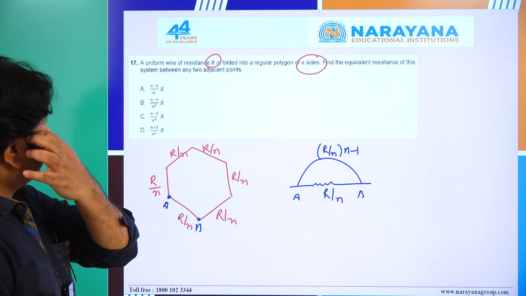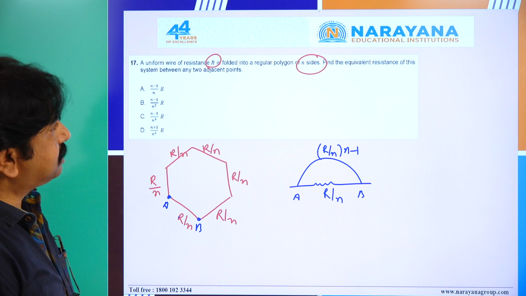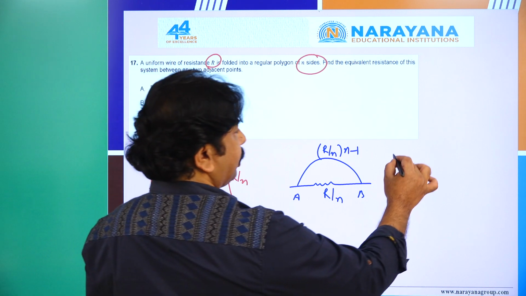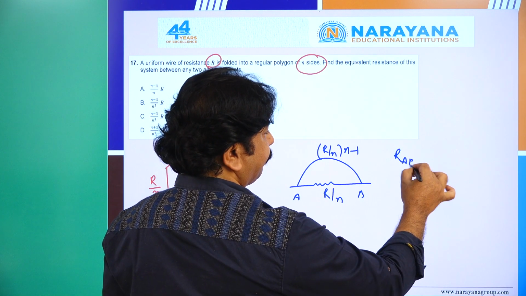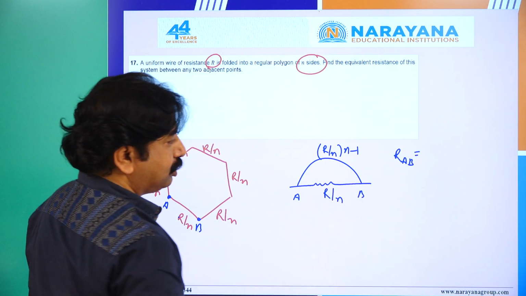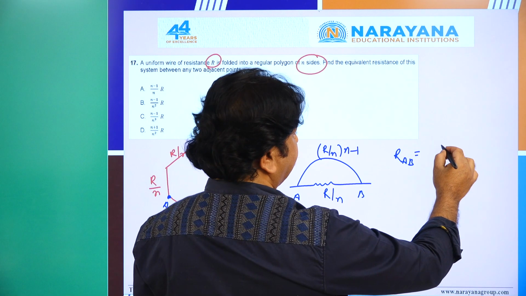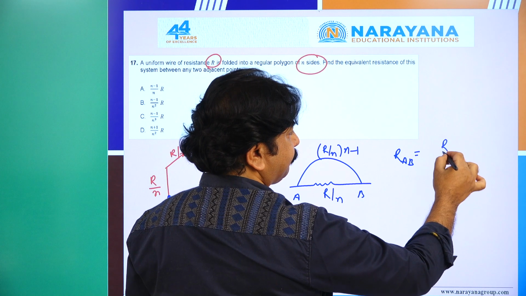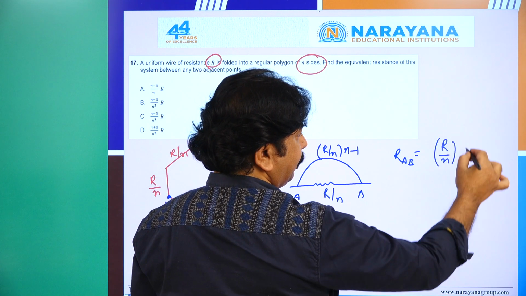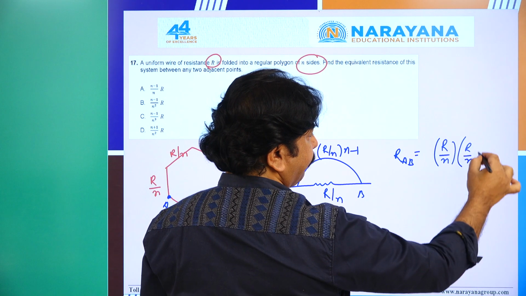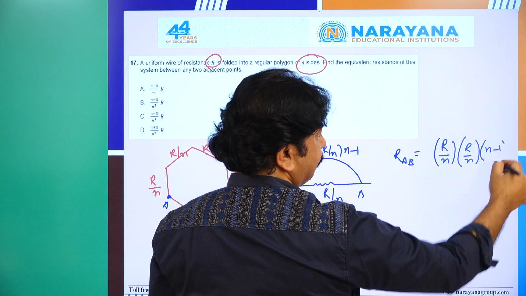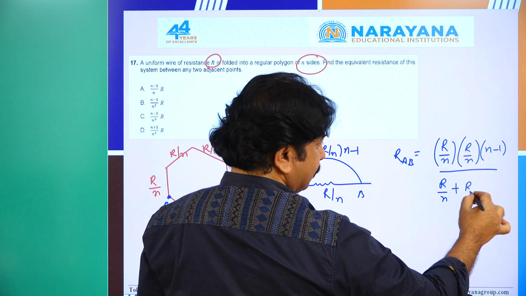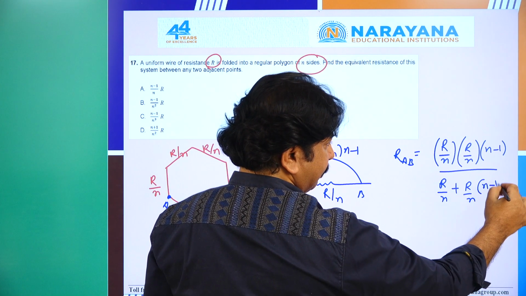Now what they are asking is the equivalent resistance between any two adjacent points. So R across AB should be equal to the parallel combination of those two. One is this one, another one is this one only. So R by n into R by n of n minus 1 by R by n plus R by n of n minus 1.